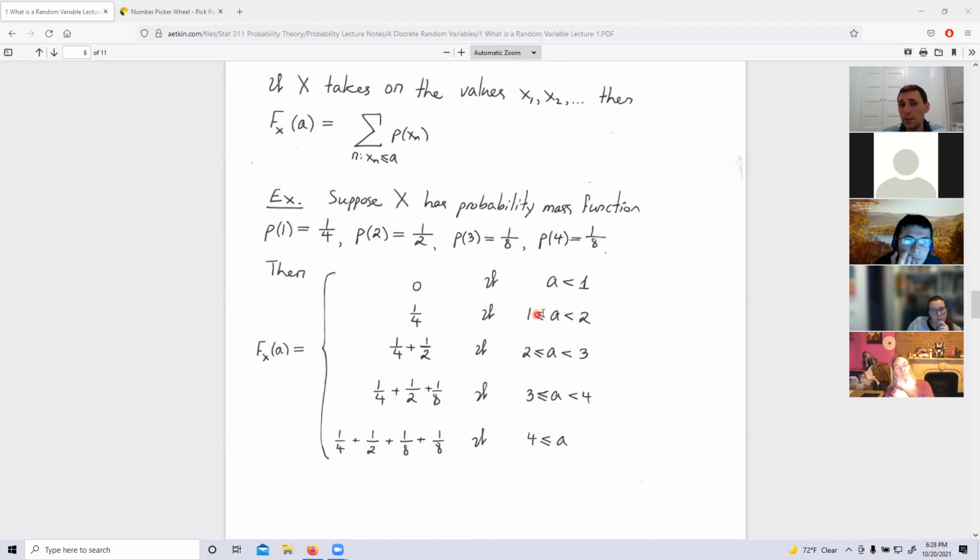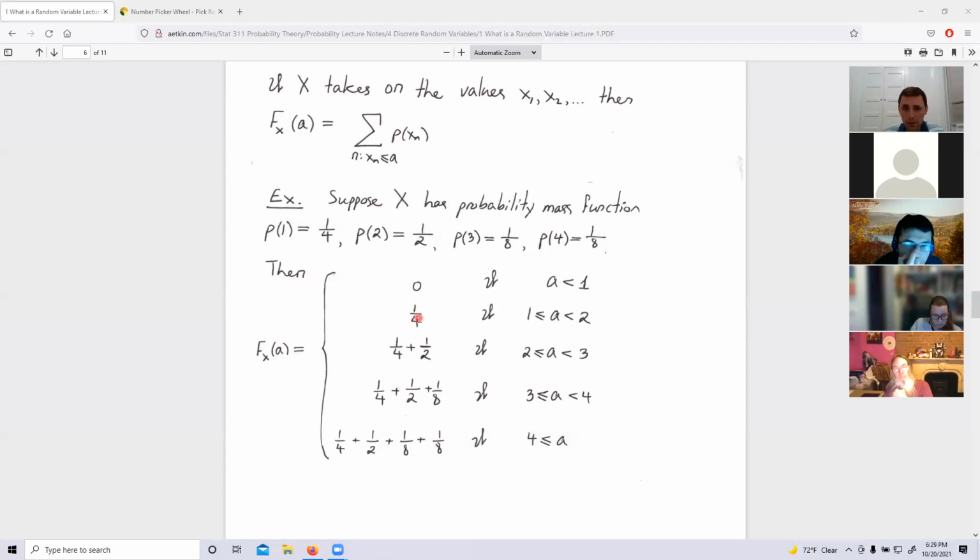Once I skip over 1, that is 1/4. You agree? Until A reaches 2, I can only pick up 1. Basically, I sweep to the left. I give A and I sweep to the left, and I find all outcomes that have non-zero probability, and I add those probabilities. That's what this is telling me.